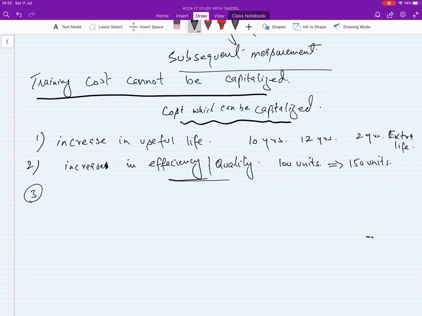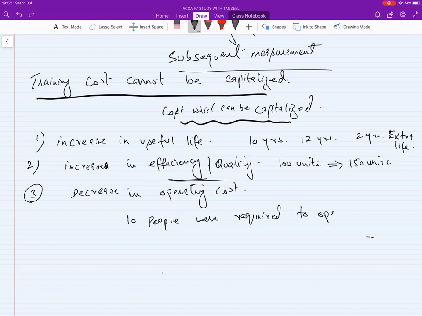Third, the cost which decreases operating cost. You were having a machine before, and 10 people were required to operate it.